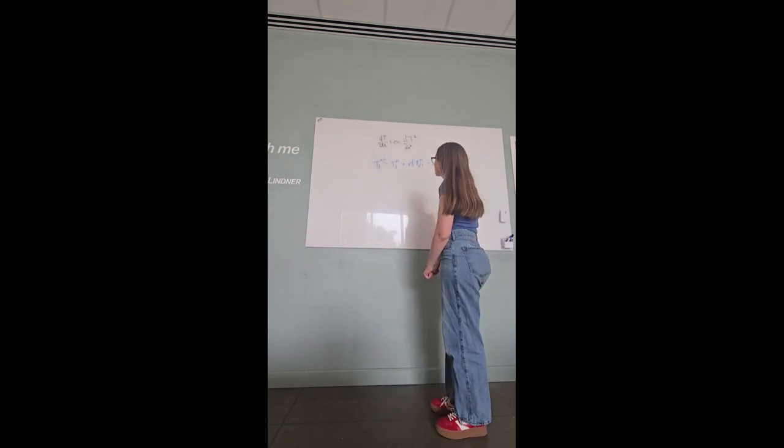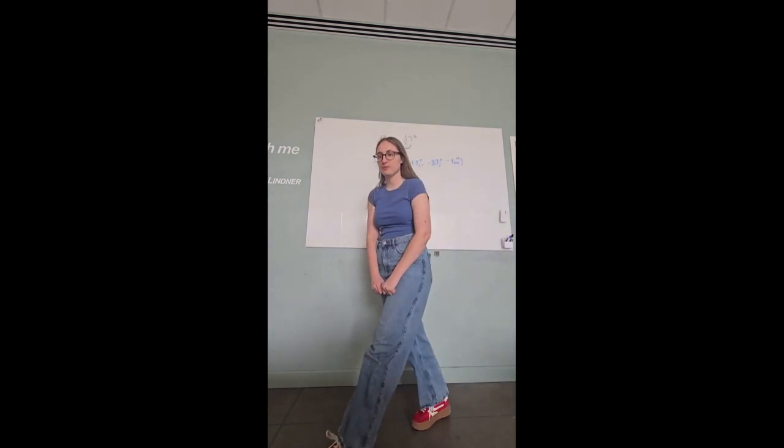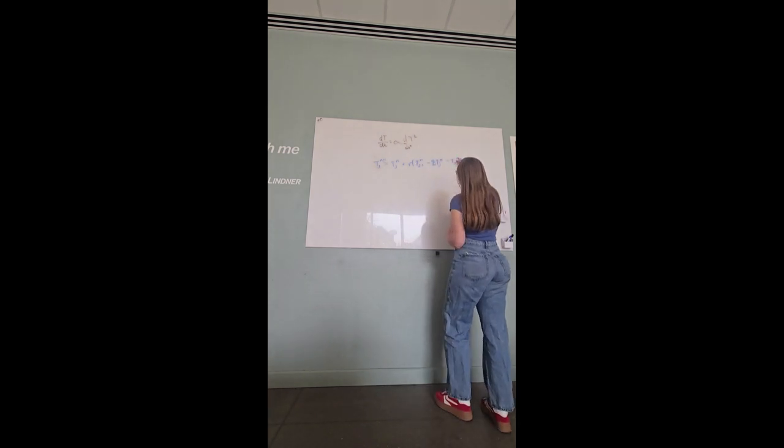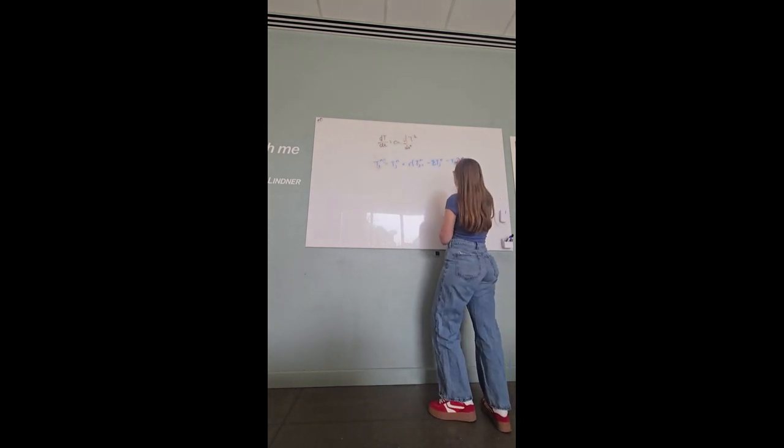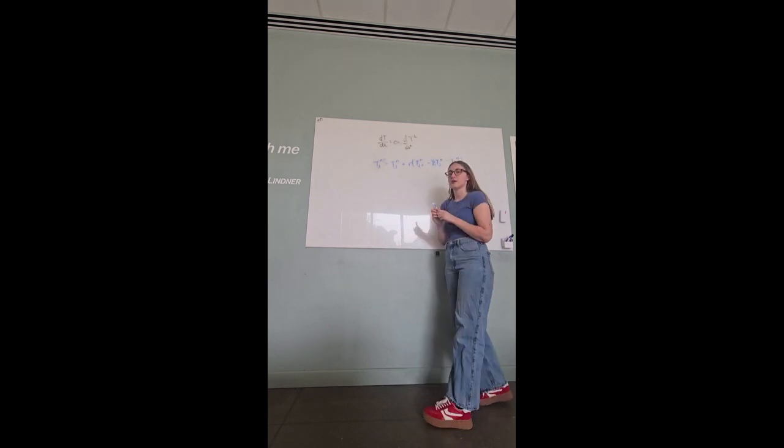So this is our algebraic form of our heat diffusion equation. Revision: this is going to be negative, and this one's going to be positive.